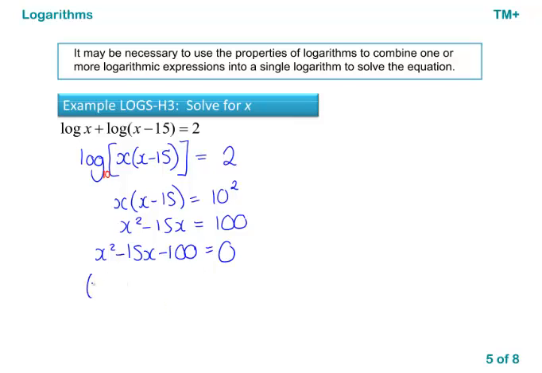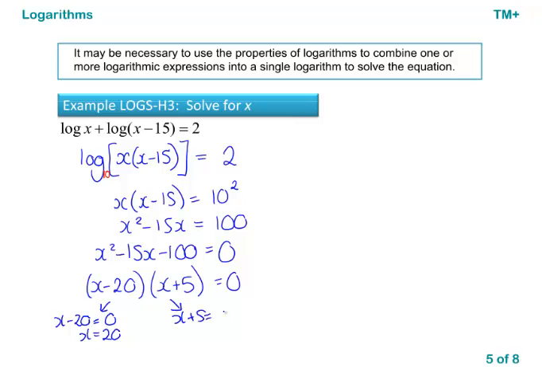I can now factorise, whichever method you like to use for factorising. You end up with x take 20, x plus 5 equals 0. From there, x take 20 equals 0, x equals 20, x plus 5 equals 0, x equals negative 5.